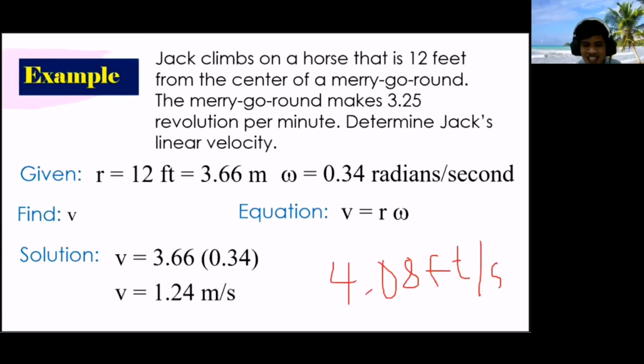Okay, do you understand? Let me just record this one, and then let's have a short quiz about linear and angular velocity. Let me give some points for Pry. Who else? Kem. And then Yufa.